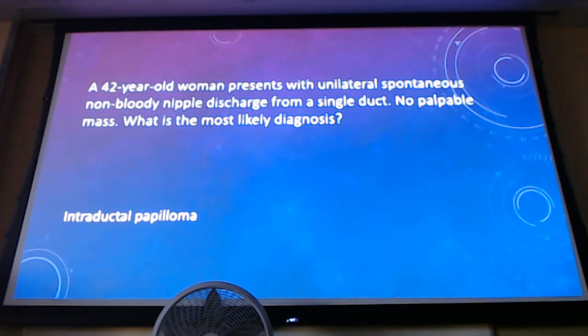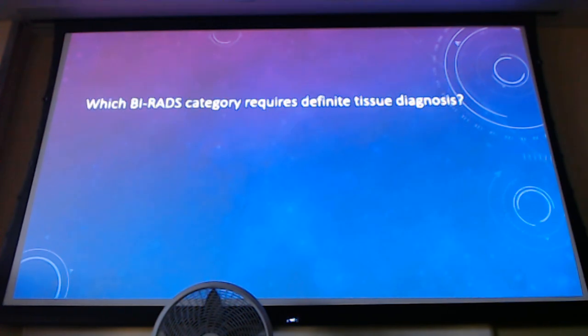Ductal carcinoma in situ, DCIS. Okay, good. All right, which BI-RADS category requires definitive tissue diagnosis? Four. Suspicious. All right, suspicious. We've got to check that tissue. Okay.